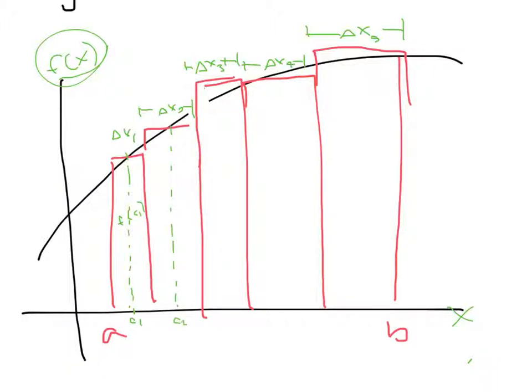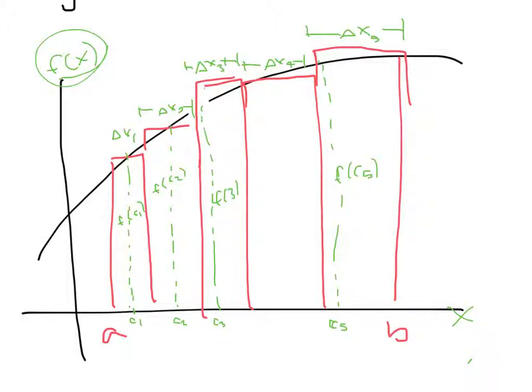If this was C2, I could call this height f of C2. My height for this rectangle is there. So that's C3, so this one will be f of C3, and if I skip ahead, all the way here, the height would be f of C5.